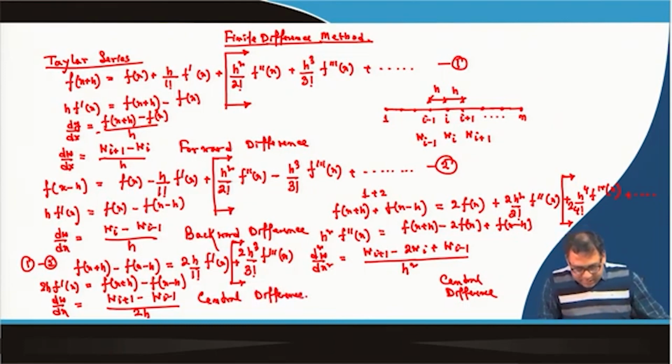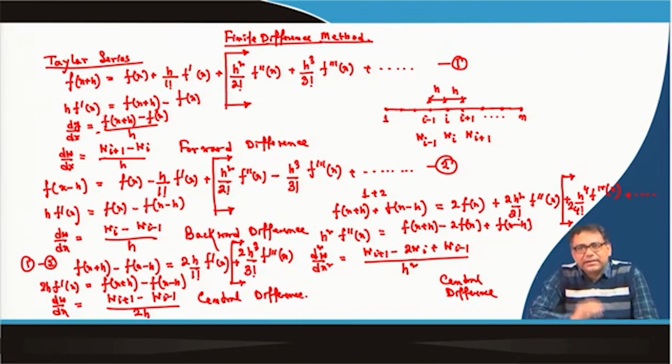So, you can see that in central difference scheme we are neglecting h cube and higher, but in forward and backward difference scheme we are neglecting h square and higher terms. As h is a very small value, our error is less compared to when we are neglecting h square and higher terms.